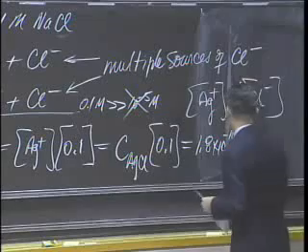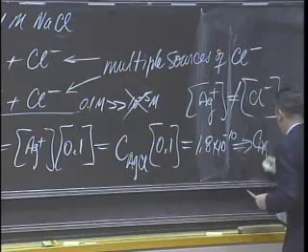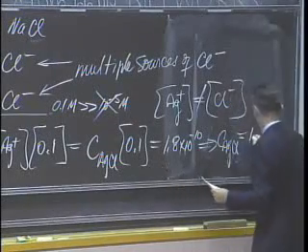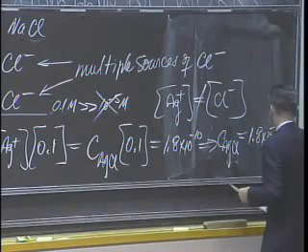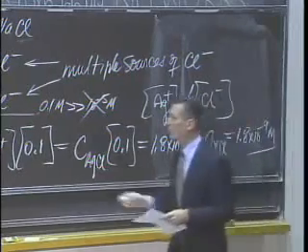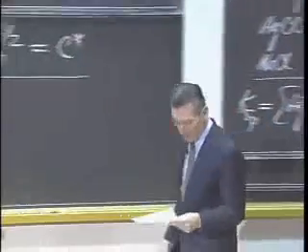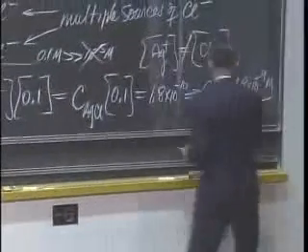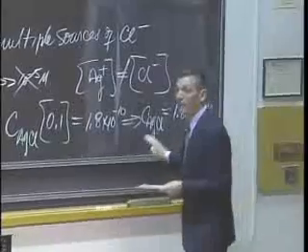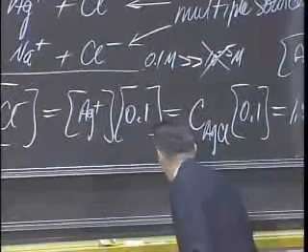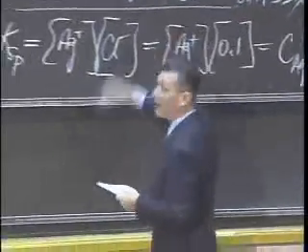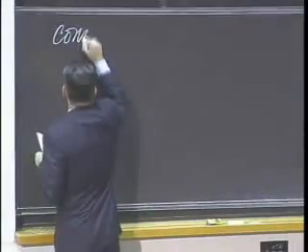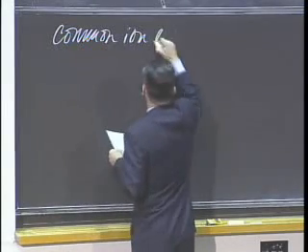So I can solve for the concentration of silver chloride, and that gives me 1.8 times 10 to the minus 9 molar. So the presence of the chloride from sodium has had a tremendous repressive effect on the dissolution of silver chloride. This is called the common ion effect, because I have a common ion from both solutes and one influences the solubility of the other. Common ion effect.